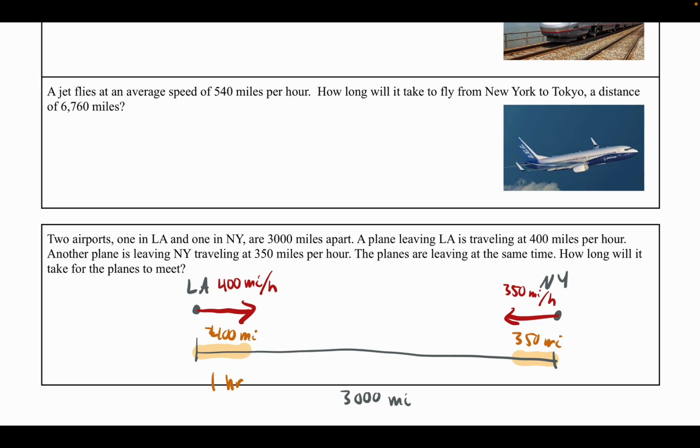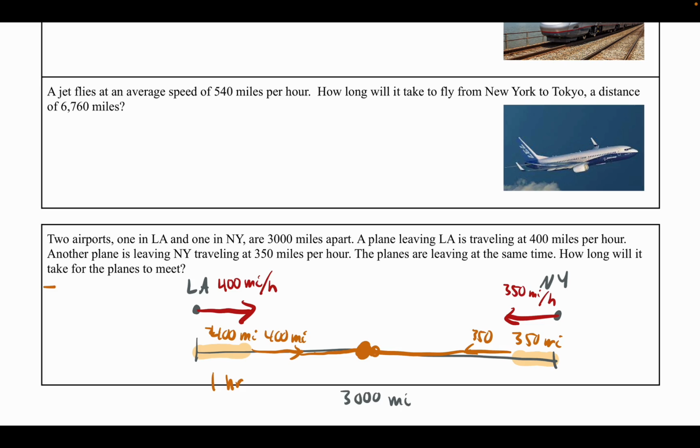In the very next hour, this plane's going to cover the next 350 miles and this plane's going to cover the next 400 miles. And so eventually, this entire 3,000 mile distance is going to be covered at the point where these planes meet. It's really just as simple as recognizing that every hour, 750 miles of this 3,000 mile distance is getting covered.